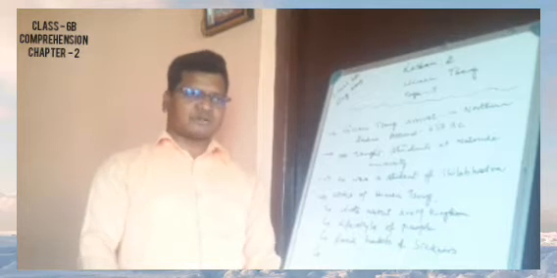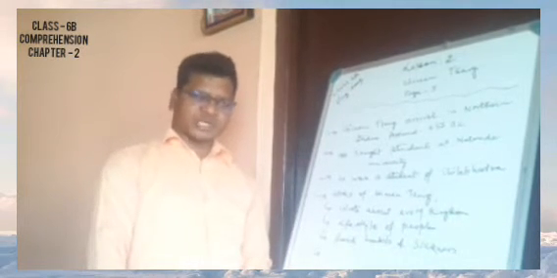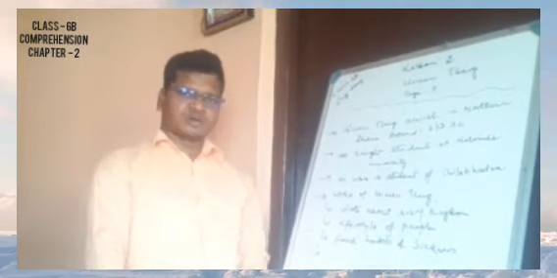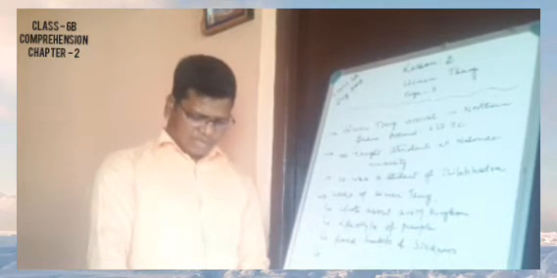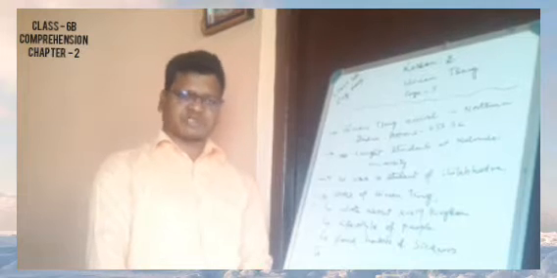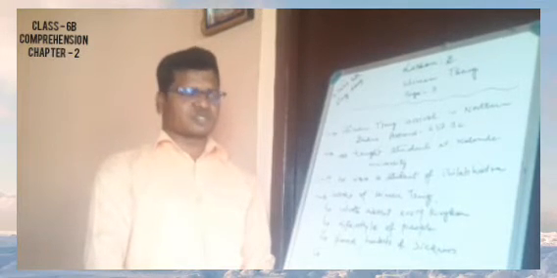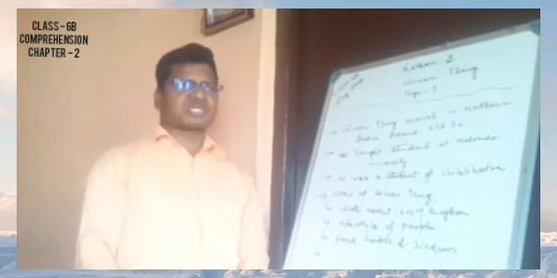So how to prepare a bronze statue, that was also taught. Use of weapons, understanding elephants, etc. So apart from imparting academic knowledge, they were also taught these many things.